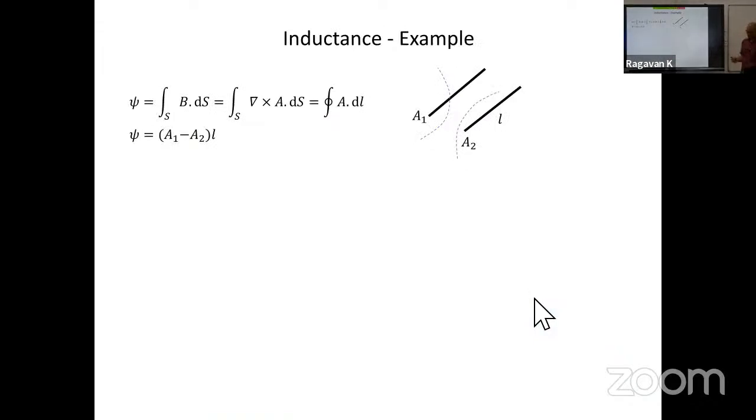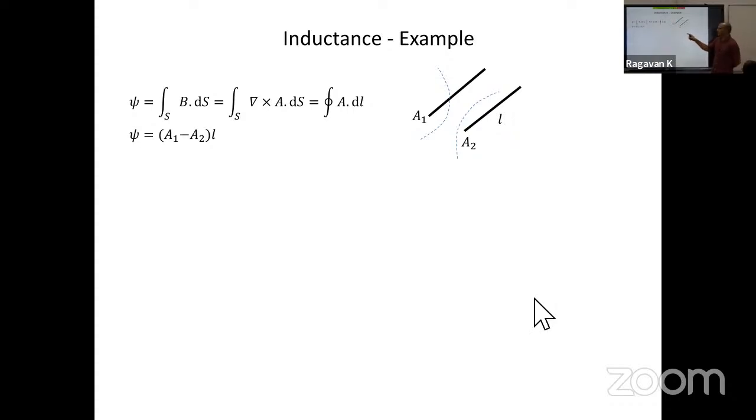So let's see how the inductance is calculated in an FEA solver. We know that phi is the integral of B dot dS for a coil. I can replace B as the curl of A integrated over that surface. Invoking Stokes' theorem, we can write that curl of A dot dS as A dot dl.